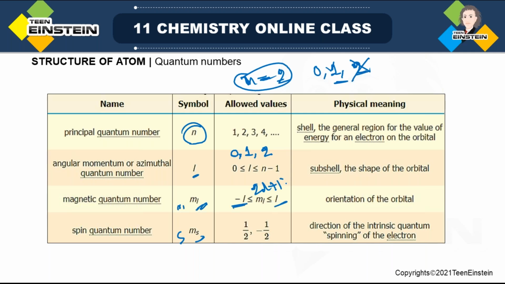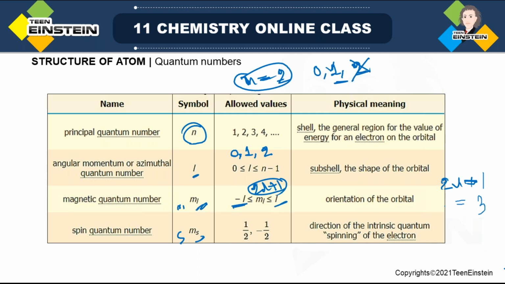So it will give you all possible ml values. And what is its significance? Significance is you can understand the preferred orientation of the orbital. So when 2L plus 1 you are getting 3, that means total 3 preferred orientations will be there.